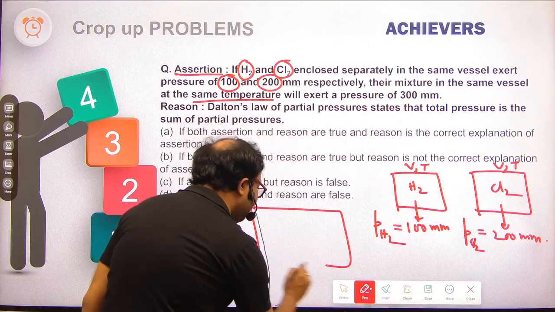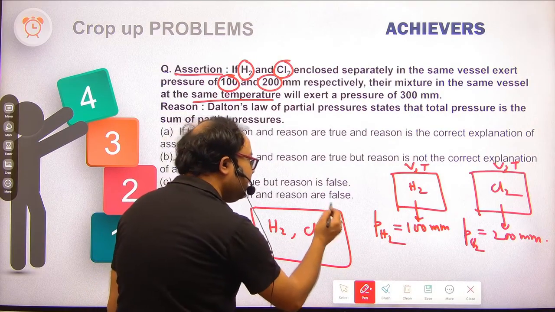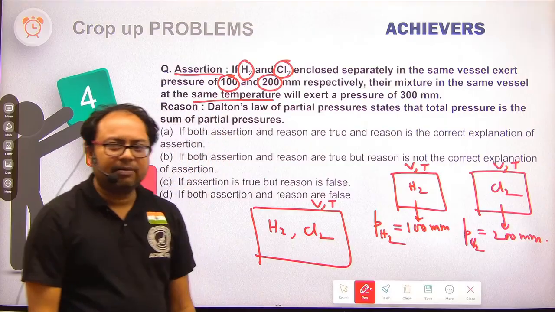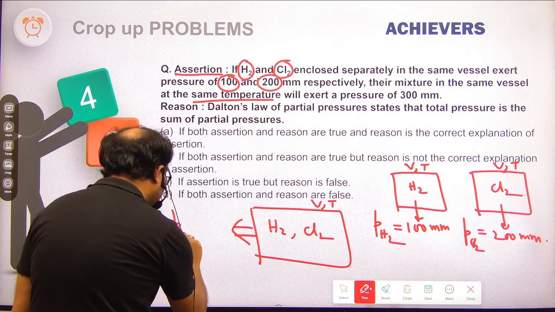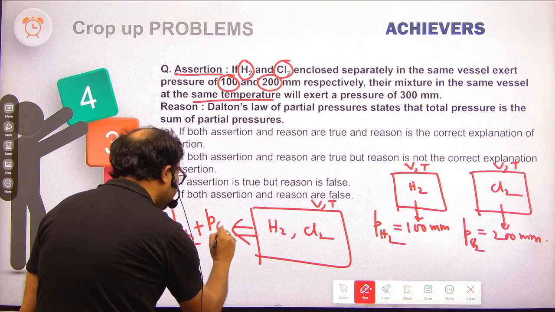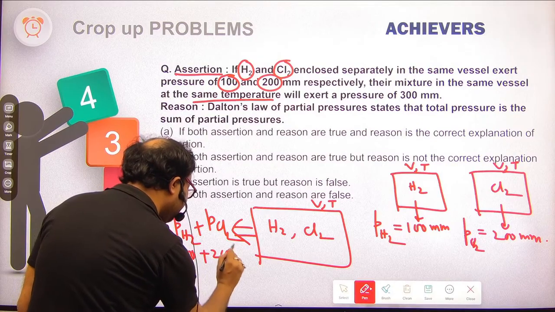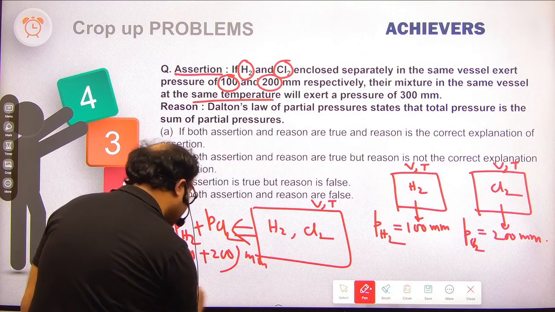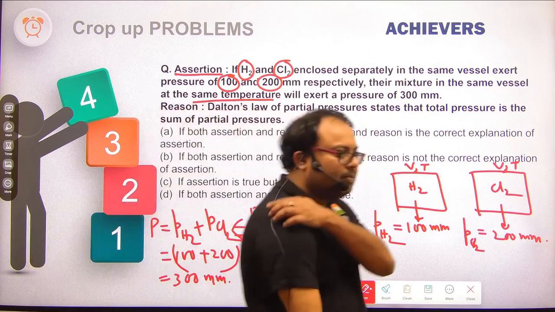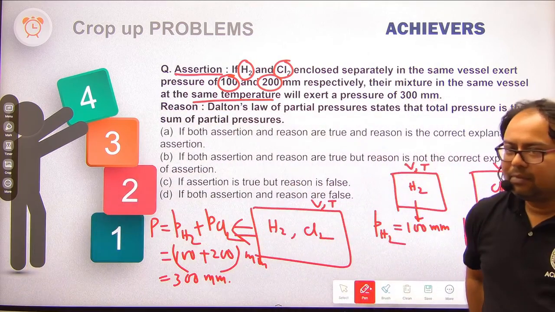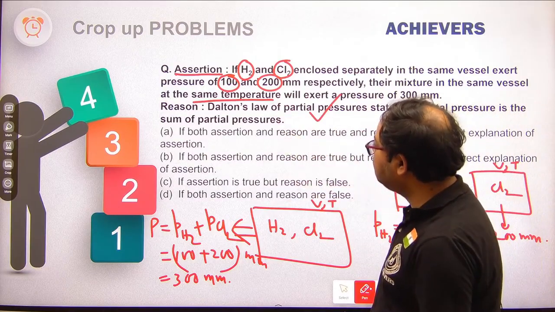If you are keeping the mixture of hydrogen and chlorine, volume and temperature remaining fixed, then the total pressure should be the partial pressure of hydrogen plus the partial pressure of chlorine. That means 100 plus 200 millimeter, that means 300 millimeter. So obviously the assertion is true.